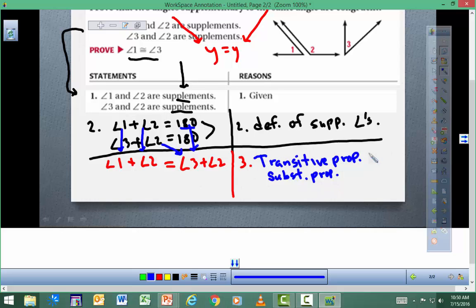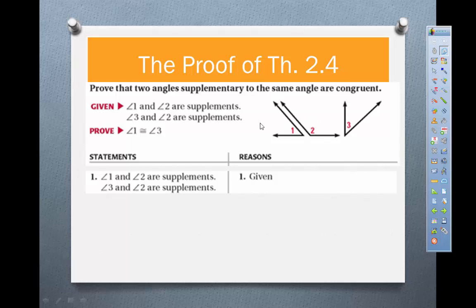But I think it's more accurate to say it's the transitive property. Okay? So we'll add this or substitution property. Alright, well there's the proof of that theorem. That's theorem 2.4. Alright, we just proved this now.